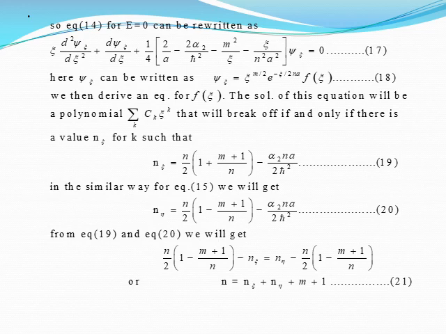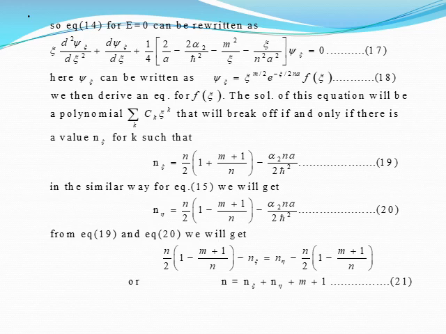Equation 19. In a similar way for equation 15 we will get n eta is equal to n upon 2 bracket 1 minus m plus 1 upon n bracket closed minus alpha 2 na over 2h cross square. Equation 20.